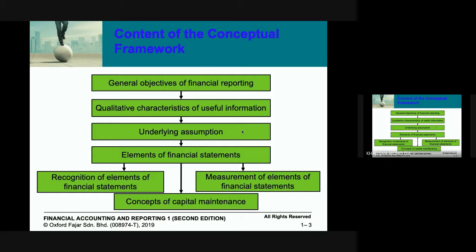So one is how to recognize the elements and how to measure. So what are the elements? We have the asset, liability, equity, income, and expenses. So how are we going to recognize those elements? How are we going to measure those elements? And finally, the concept of capital maintenance.